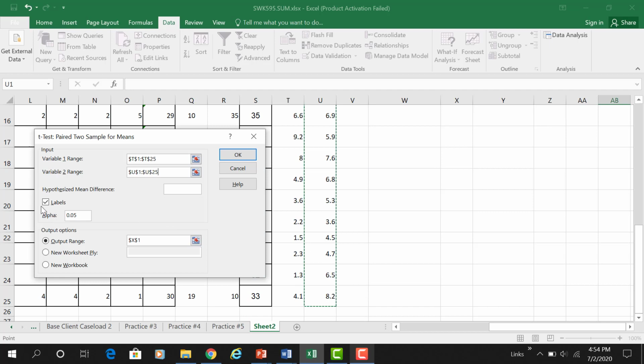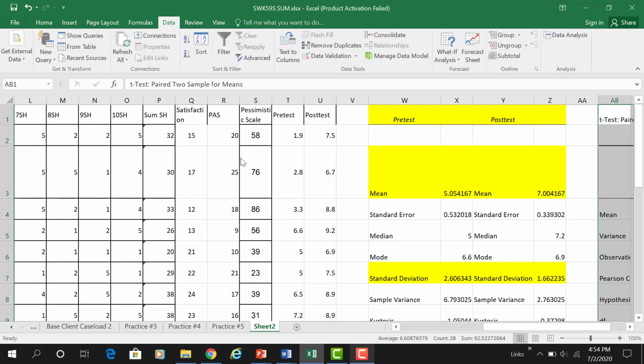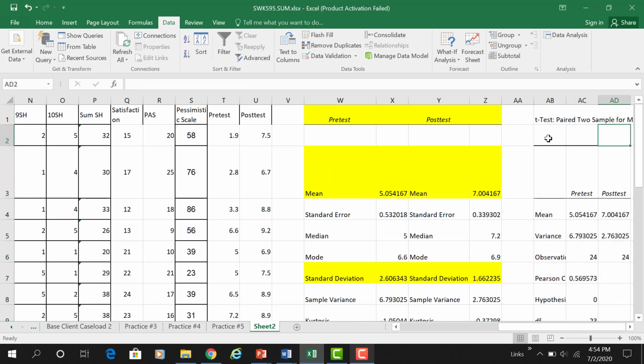Make sure your labels are selected. Then select our output range, and we can put it right here beside the descriptives. Hit OK, and now we have our paired samples t-test.